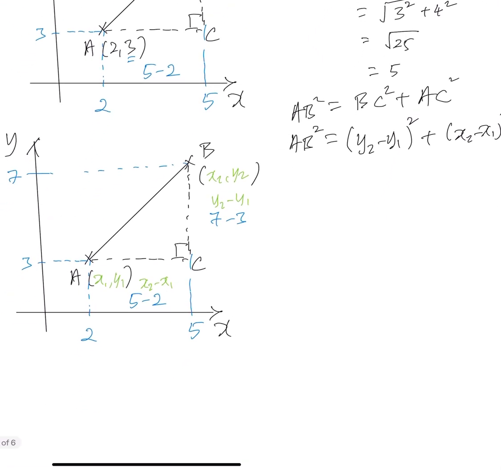So AB will be the square root of (y2 minus y1) squared plus (x2 minus x1) squared. This is how the formula goes.